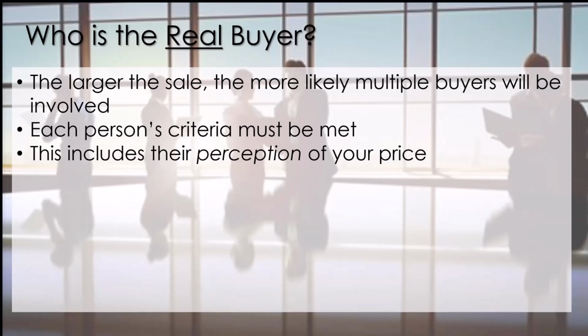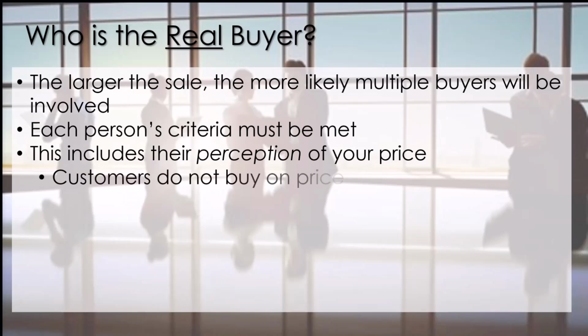Their perception of your price is based on their perception of the value of your product or service, but also their perception of the quality of your organization. And that quality can be represented by the quality of your presentation. So there's more here than just showing up and showing your product or service. You want to be as comprehensive as possible, as ubiquitous as possible.